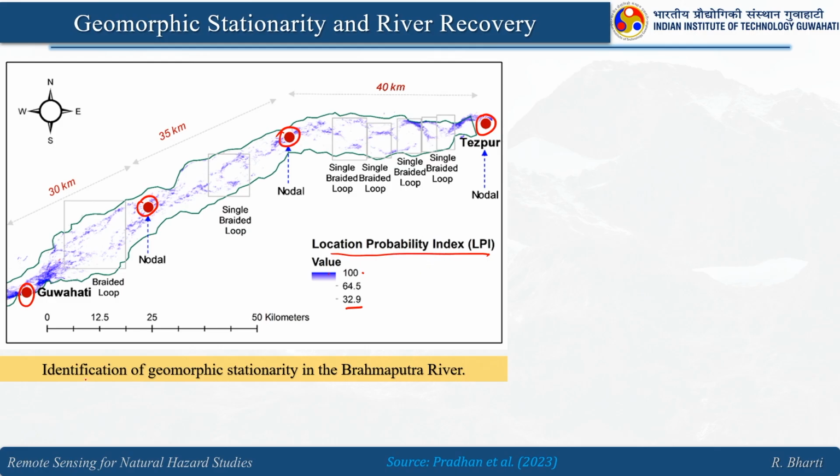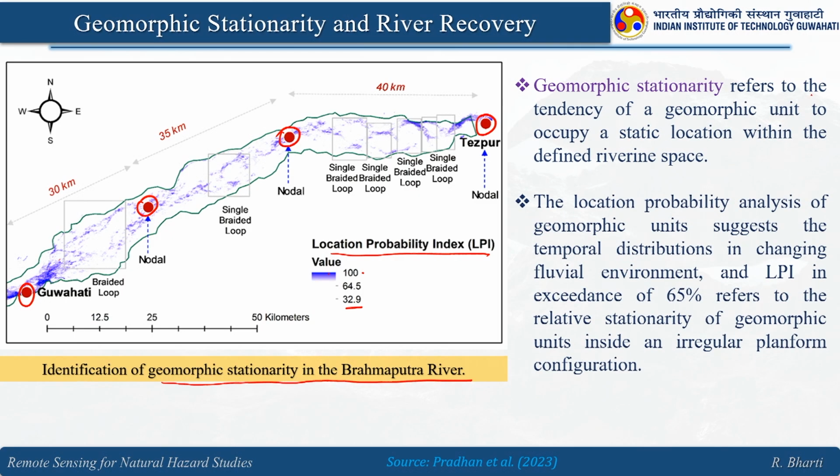So, this image is used to identify the geomorphic stationarity in the Brahmaputra river. It refers to the tendency of geomorphic units to occupy a static location within the defined riverine space.